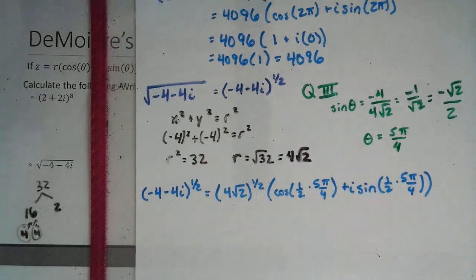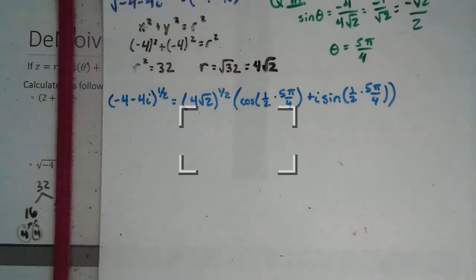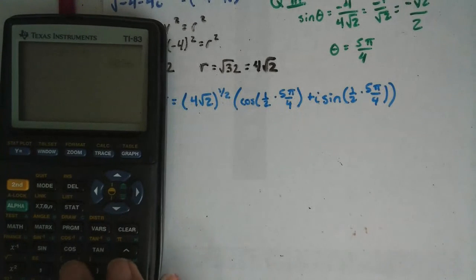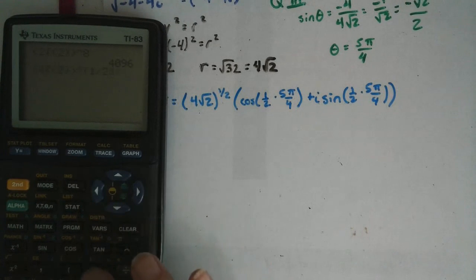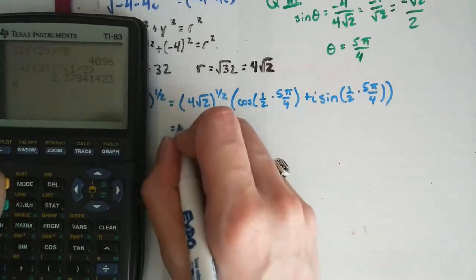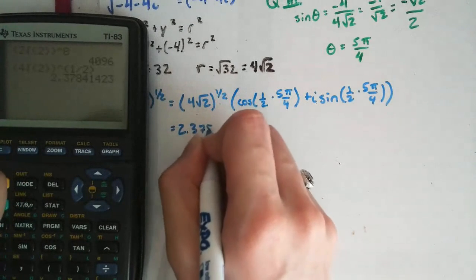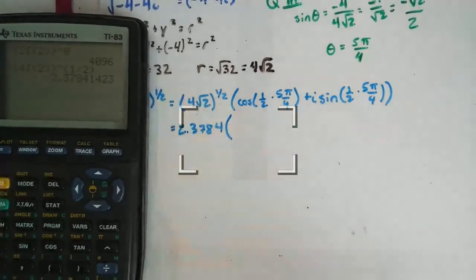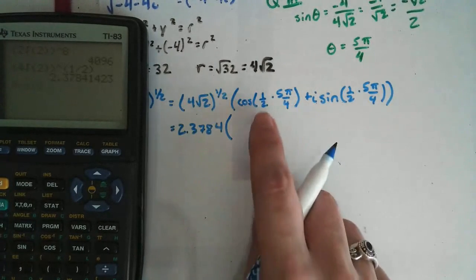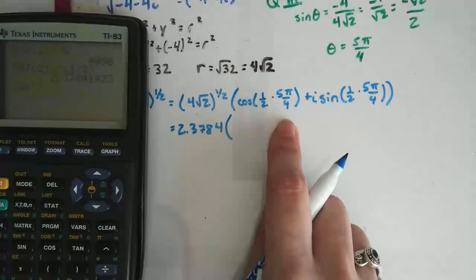So now we're going to simplify all this. It's going to be a lot of calculator work here. So we have 4 times the square root of 2 raised to the 1/2 power. That's going to be about 2.3784. First up, I have the cosine of 1/2 times 5 pi over 4.